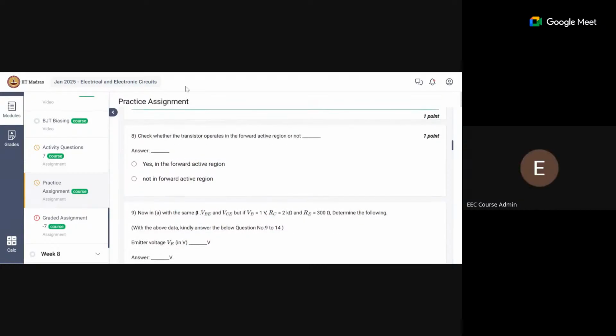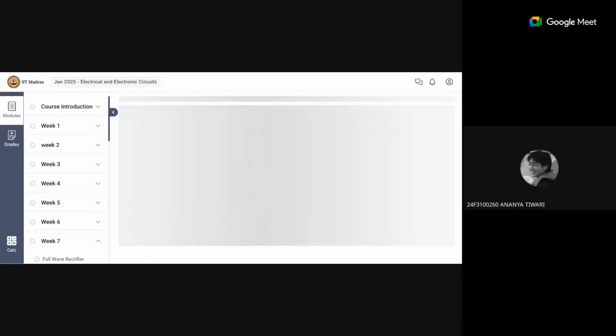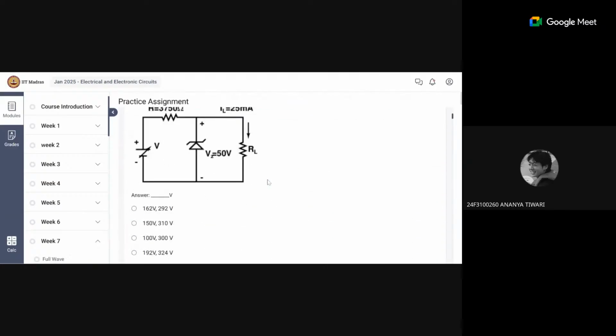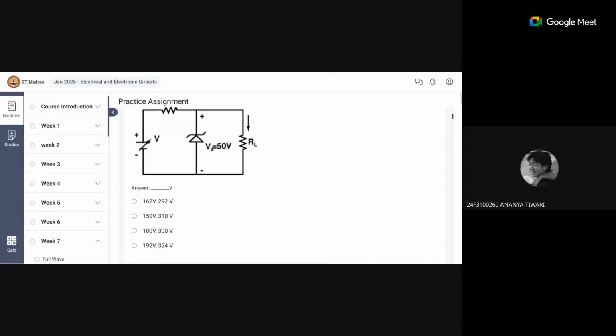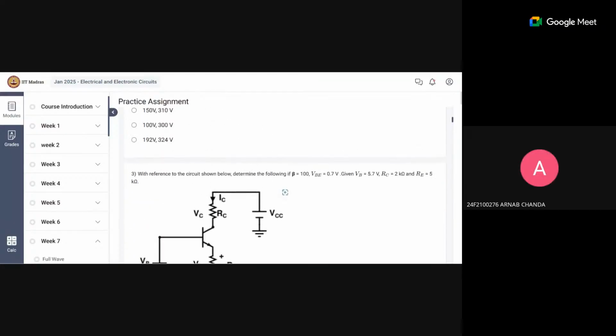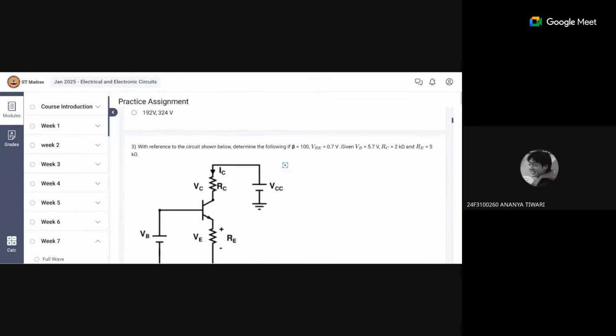Is the circuit not appearing for me, or in the portal also it's not visible? No, ma'am, there is no circuit itself.